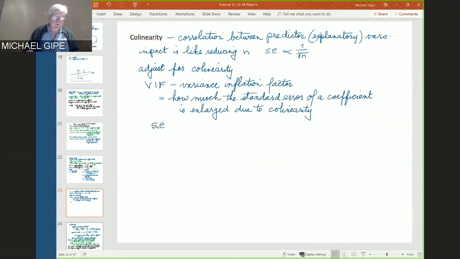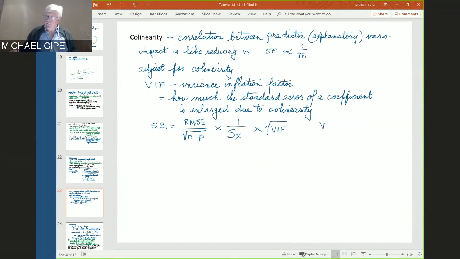So you have a new calculation. Remember, we start with RMSE, scale it by n, and then multiply by this factor that's dependent upon the spread of x, and then multiply by this third factor, the square root of the variance inflation factor.